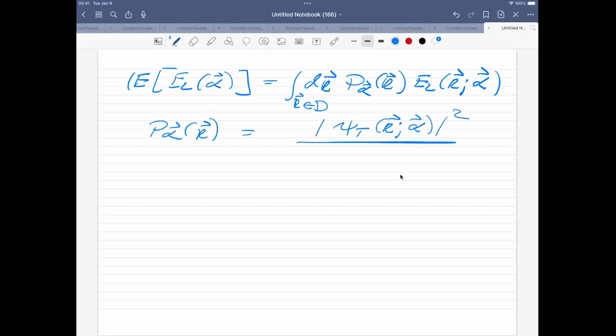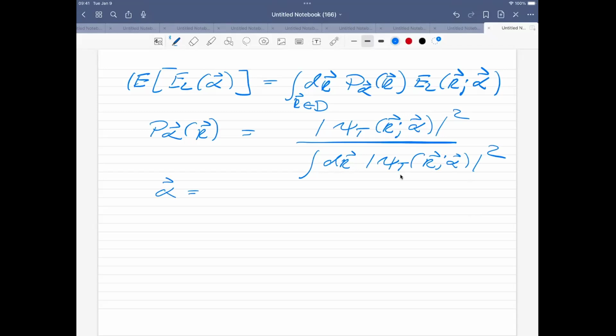And then we have our norm here, our d of r, and then psi of t squared.